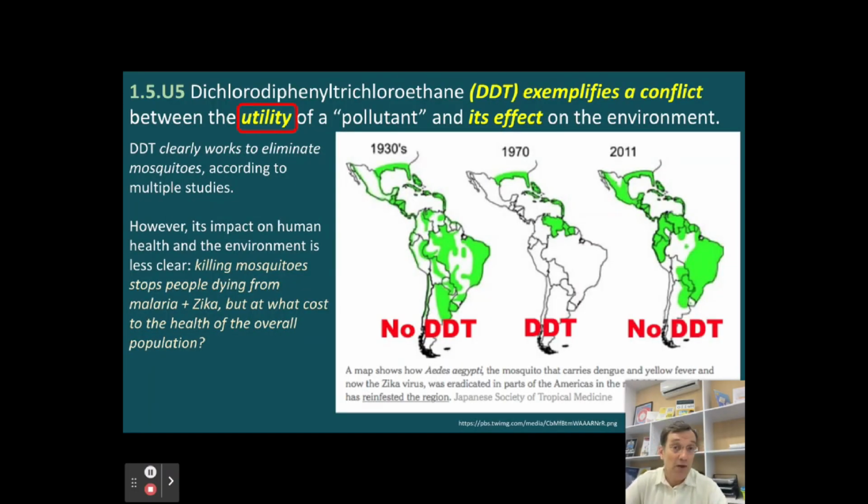Then, once we realized, kind of thanks to Rachel Carson's Silent Spring, published in 1962, that DDT had some pretty significant negative impacts on the environment and on human health, we stopped using DDT. All right. Not only did it kill the mosquitoes, right, but it also had significant and broader impacts on the environment. So here you can see in this map, this is where the species of mosquito that's responsible for spreading malaria existed in South America and parts of Central and North America as well in the 1930s.